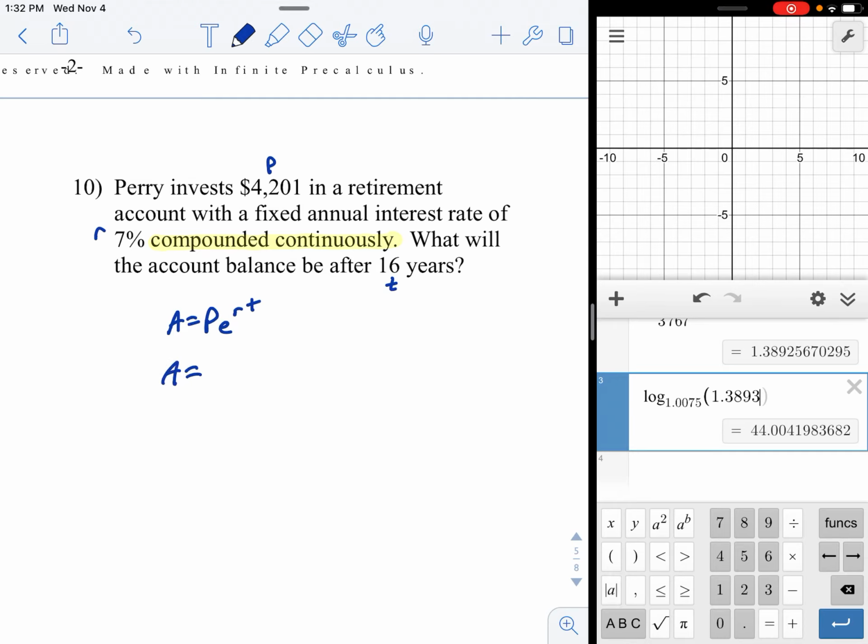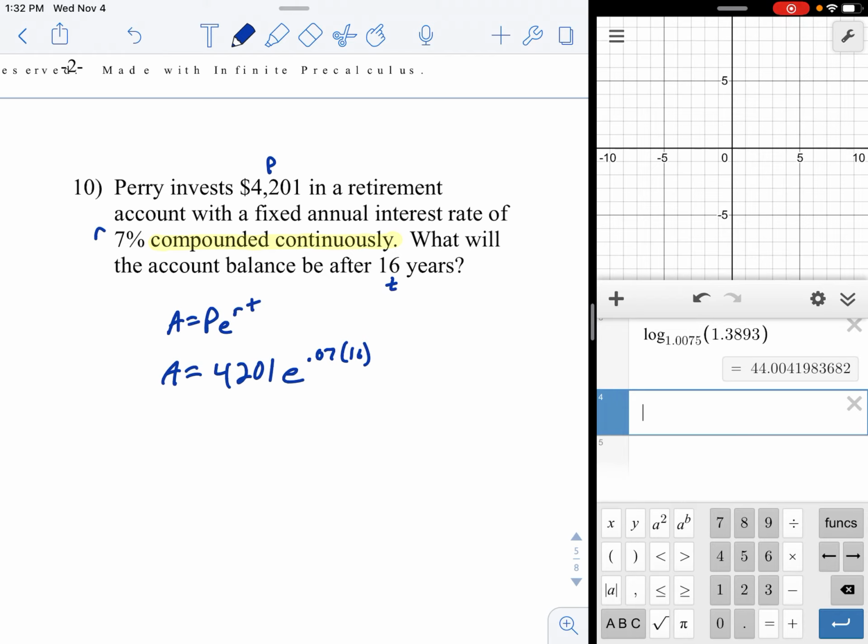We don't know A. But the principal is 4201, e is that constant, r is 0.07 times t, which is 16. Just type this in the calculator. There's nothing to really solve algebraically. Remember, to get e, use the alphabet button.